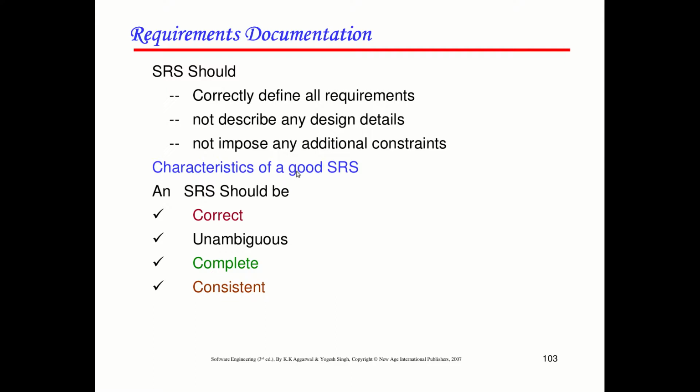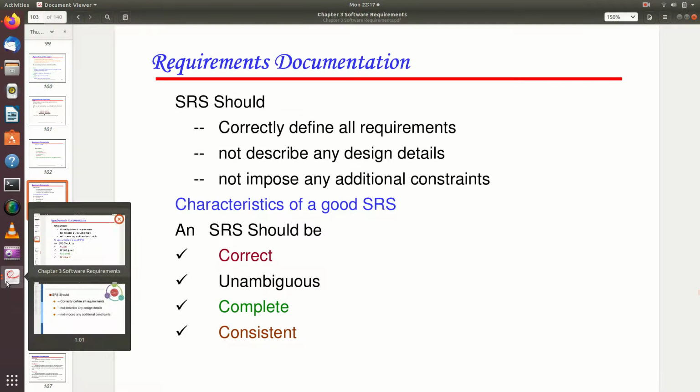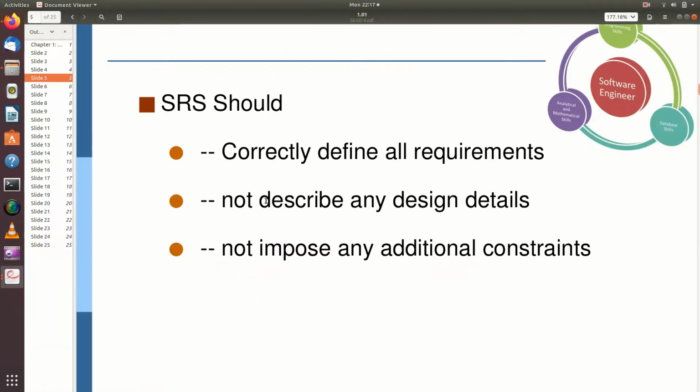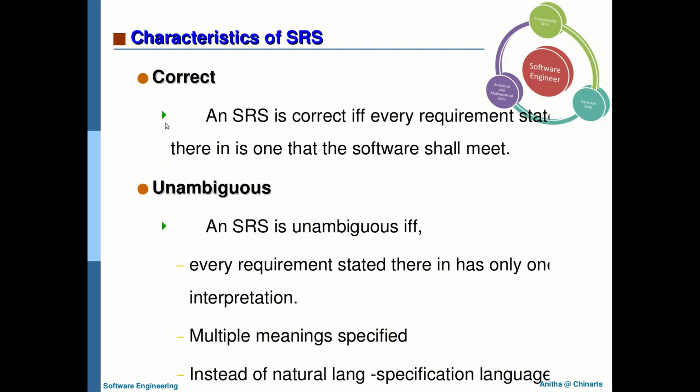Now the good SRS has the following characteristics. Let me take another PDF where I have all these SRS characteristics neatly specified. Yeah. So these are the 3 points we have already seen. Let us see what are the characteristics of a good SRS.